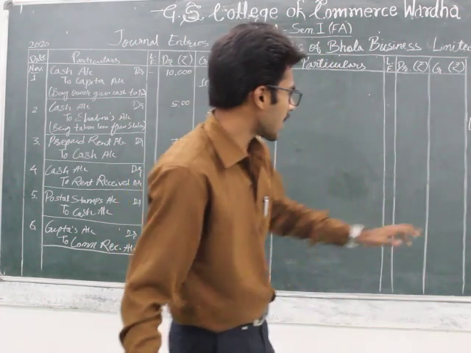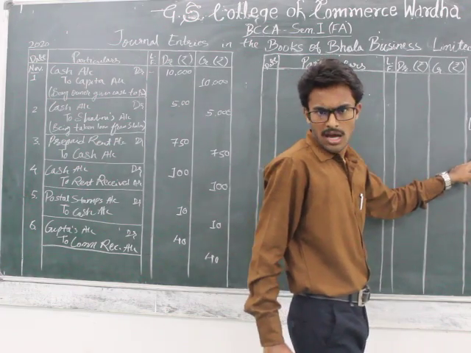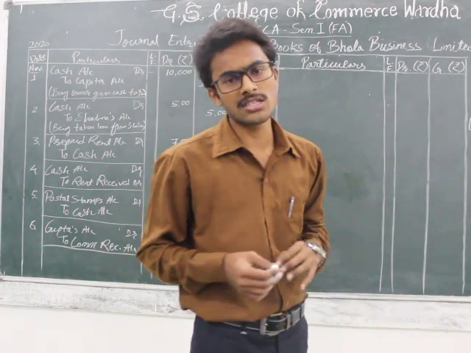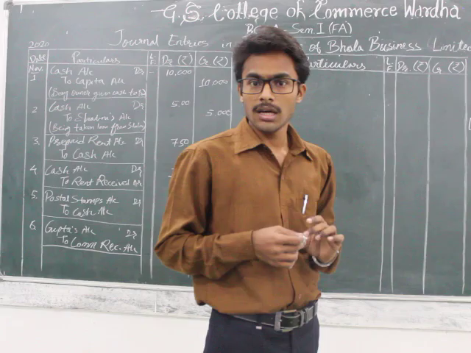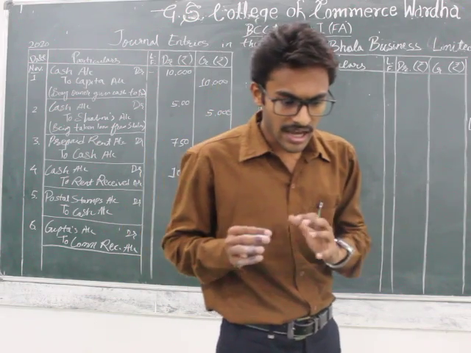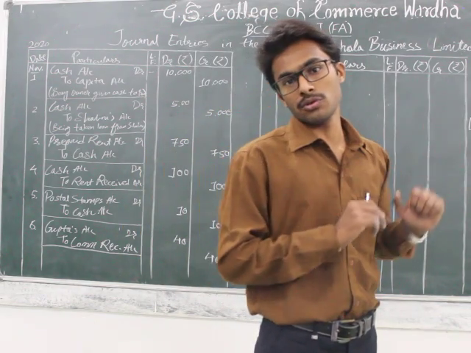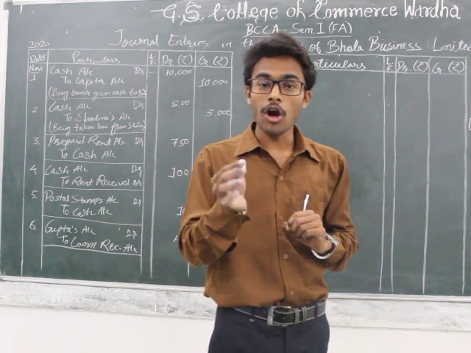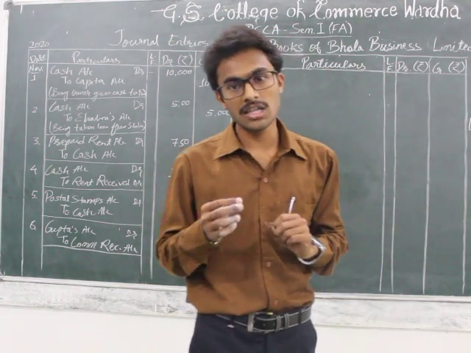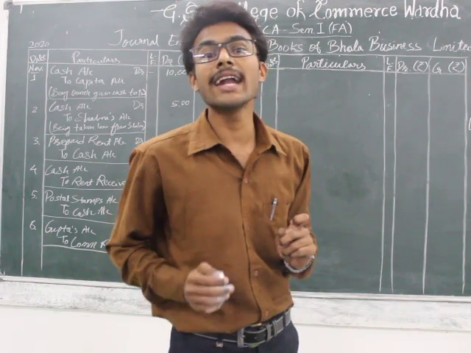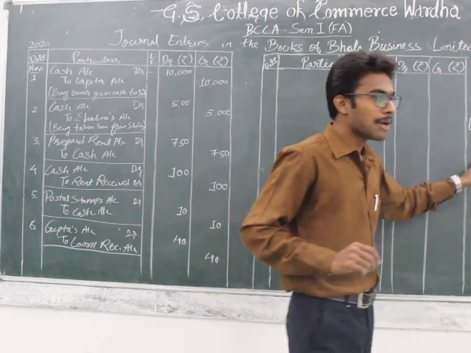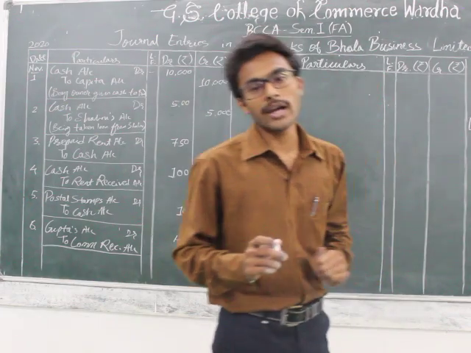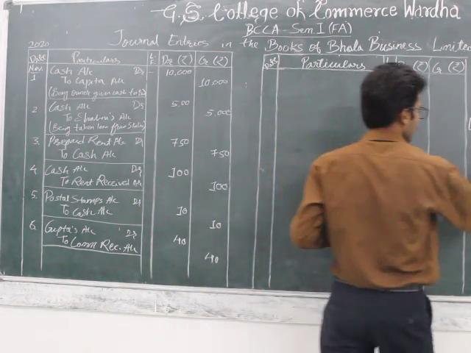The old typewriter was my asset, and because someone has stolen it, that asset has gone from our books. The real account says debit what comes in, credit what goes out. So the typewriter is going out, that's why the typewriter will be credited.